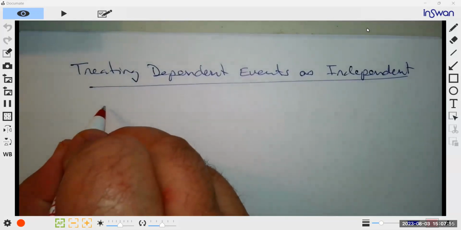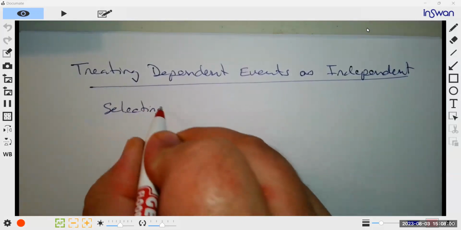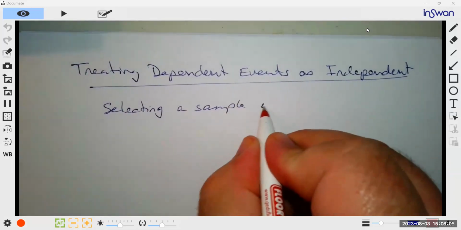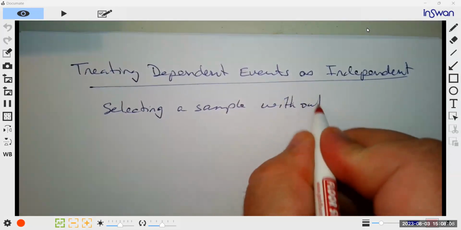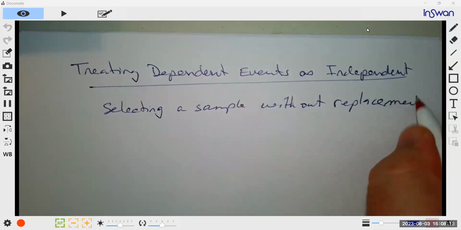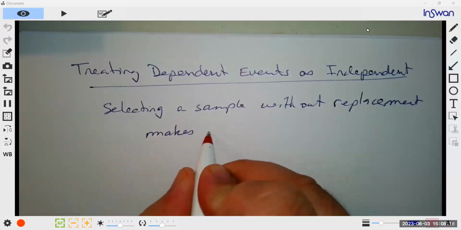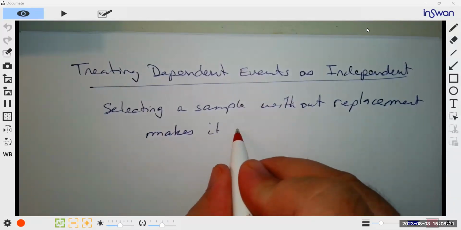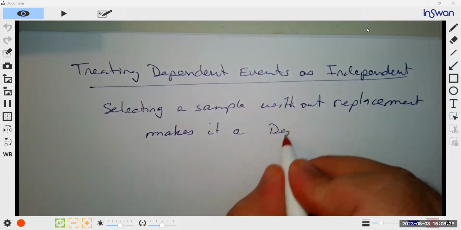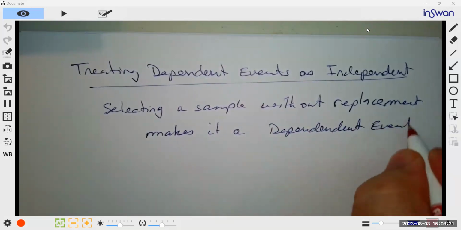So selecting a sample without replacement makes it a dependent event.